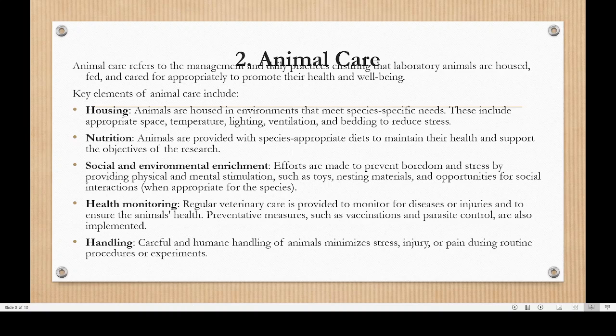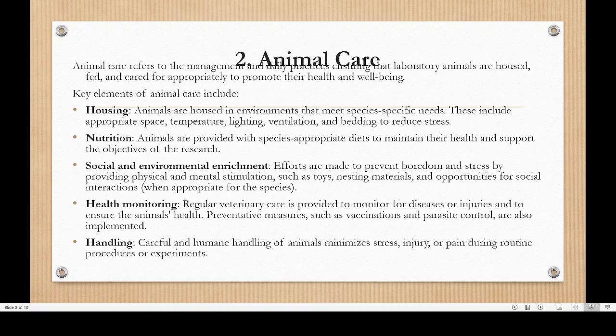Here I will show you what kind of food. See, here you can see that they are giving them food and water. It is very important that the animals are given proper food and proper water. Otherwise, these animals may not be in a healthy state.